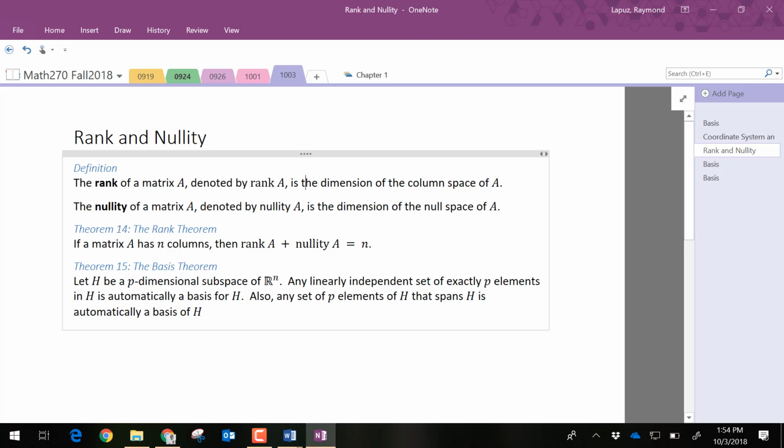So when you say rank, it means that you're counting the number of basis vectors you get from your column space. Okay? The nullity is the dimension of the null space.